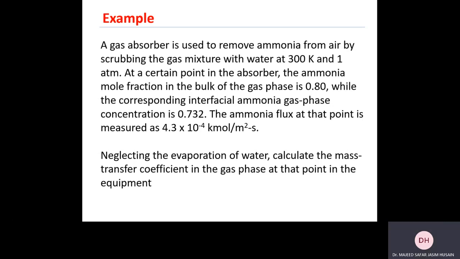So based on this statement again, he wants you to find the mass transfer coefficient in the gas phase. I suggest you try to solve again from the slides. You have to find the proper equation and try to solve yourself. And after that, you check the answer.